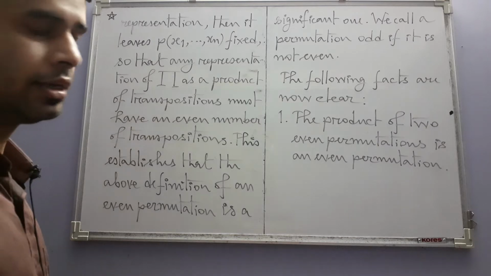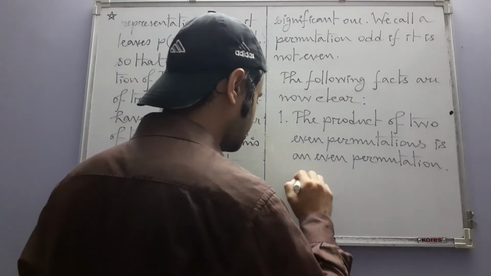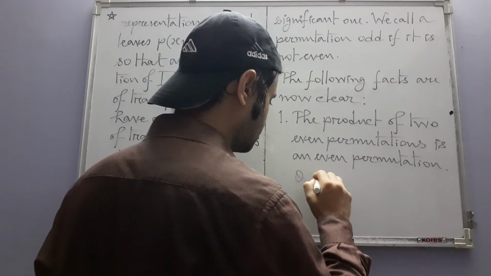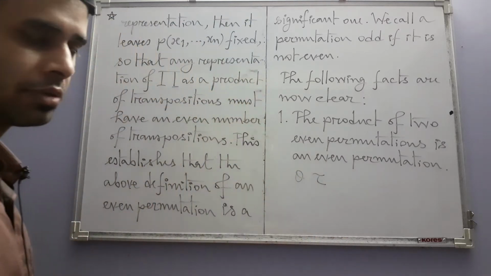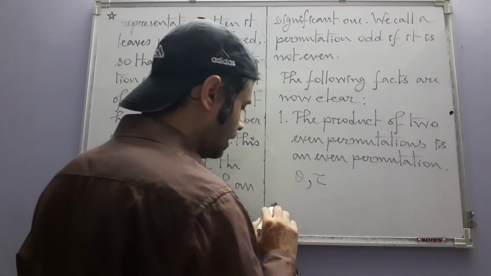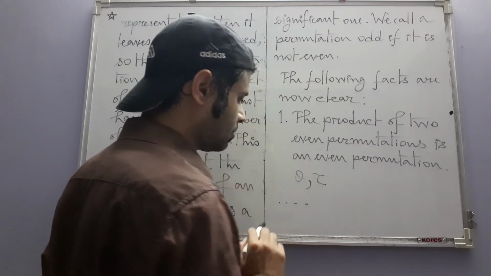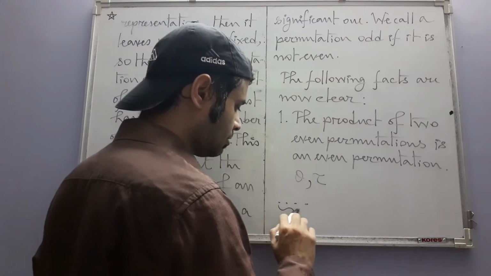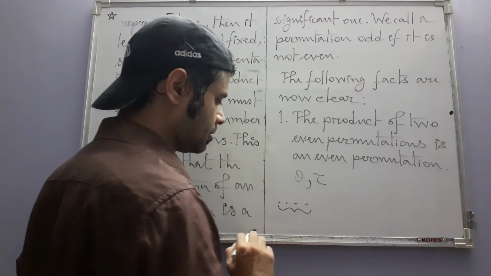Why is it clear? That is because say theta is an even permutation and say tau is also an even permutation, another one possibly. Then in any expression of theta as a product of transpositions, you have an even number of transpositions.